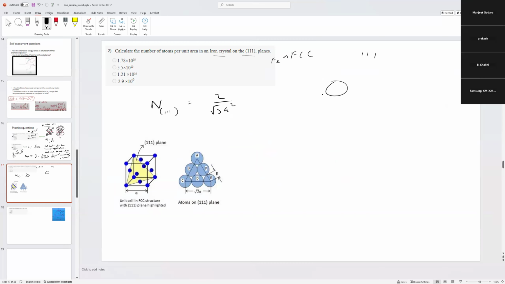So if you imagine this plane, you'll see this structure forming a triangle. Number of atoms in this triangle: this is half, this is half, this is half, and this is 1 over 6, meaning 60 degrees, 1 over 6. So half plus half plus half, plus 1 over 6 into 3, again half, so you get 2 atoms.